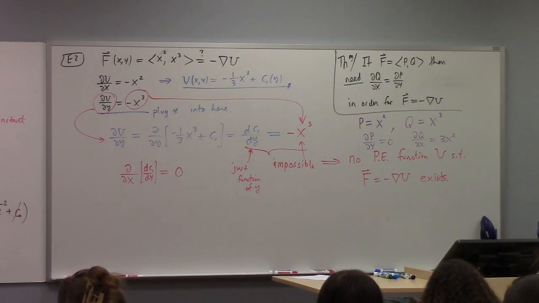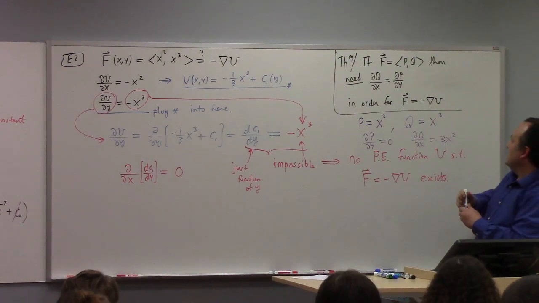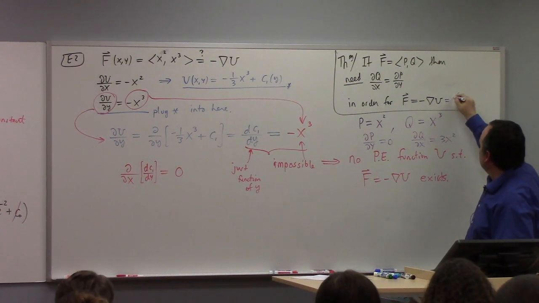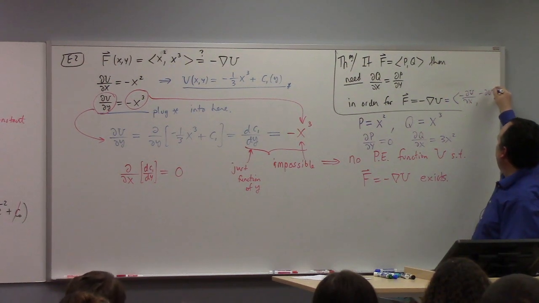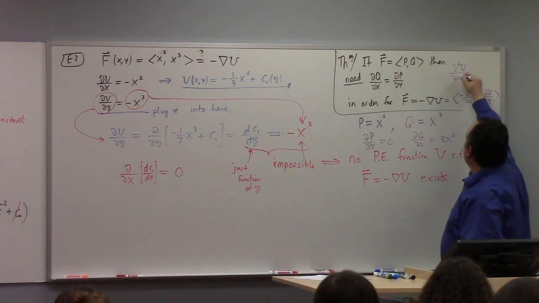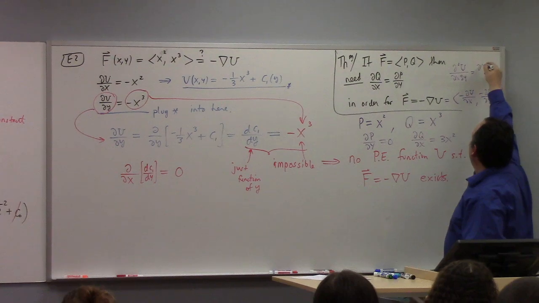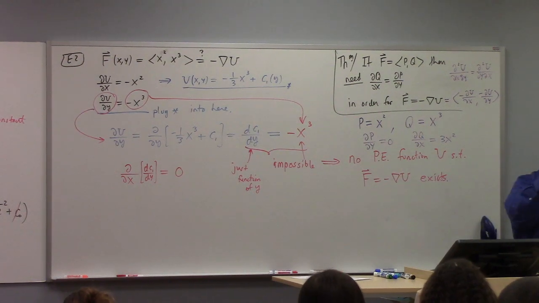And if you want to know where the theorem comes from, it's not particularly deep. Because the second partial derivatives commute, it doesn't matter which order you do them in.